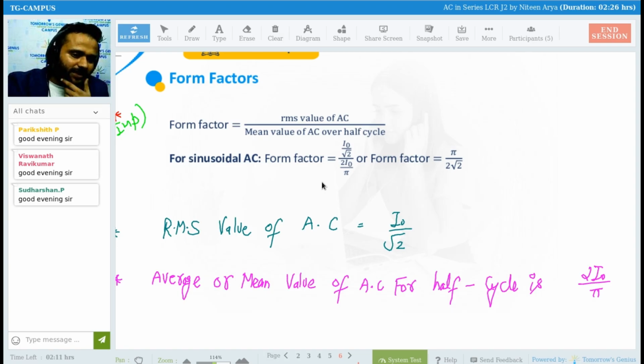See, that is missing in the previous class, so that is why I deliberately gave it to you. And that is important too. If you don't know why we require this RMS value, so believe me, you don't even know the basics of AC. Tell me, are you there? Tell me why we require RMS value. What is the basic need?